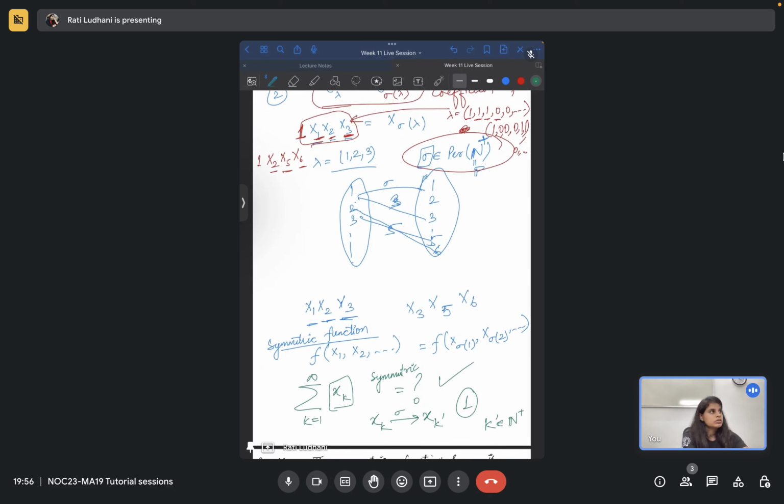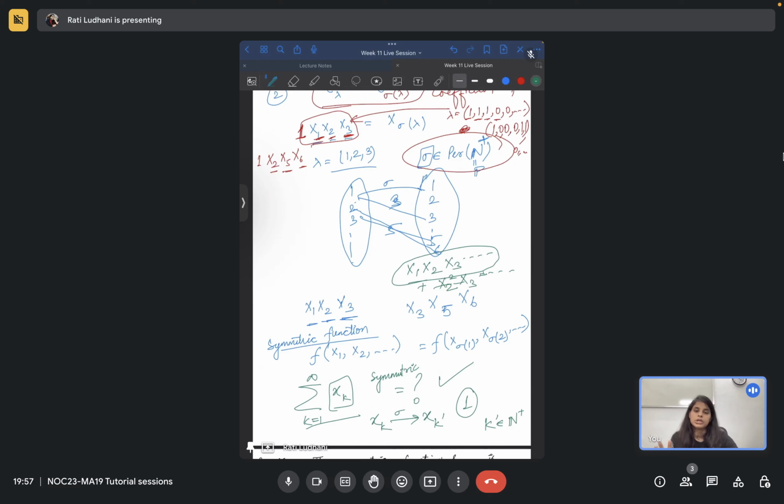And one more thing: the term cannot go to infinity. For example, you cannot have a term like x2 squared x3 and so on. The product cannot be an infinite product.